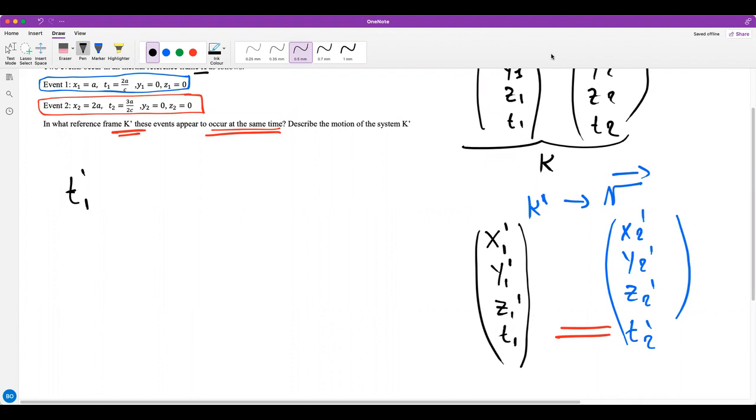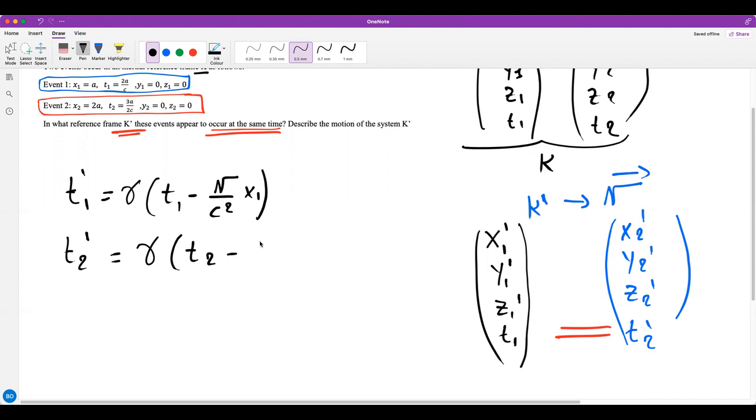So t1 prime is equal to gamma times t1 minus v over c squared x1, and t2 prime is equal to gamma times t2 minus v over c squared x2. And both times are equal, so t1 prime is equal to t2 prime because they will be seen simultaneously in the reference frame K prime.